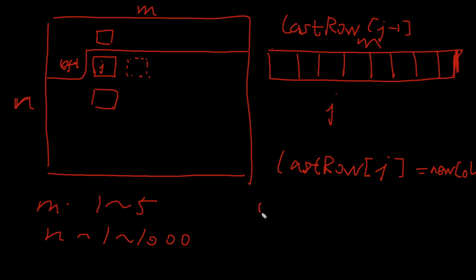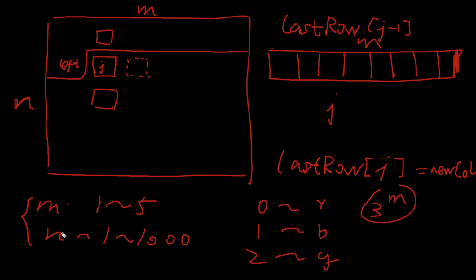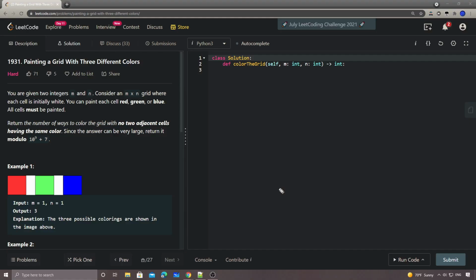I think we can use 0 to represent color red, right? 1 blue and 2 green, right? So that's why for each cell we have 3 different possible values, and we have m, right? So that's going to be 3 power of m. So with this constraint, obviously we want to use m as a column, not the n, right?